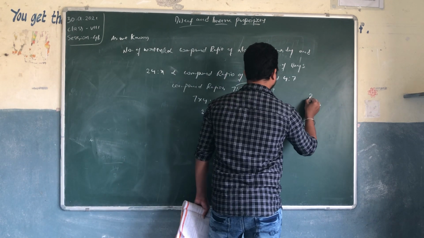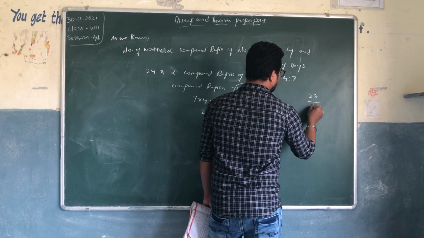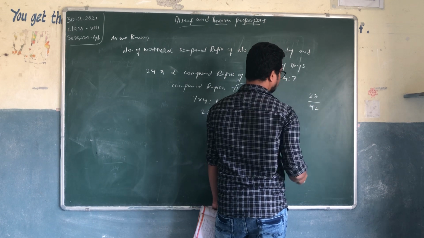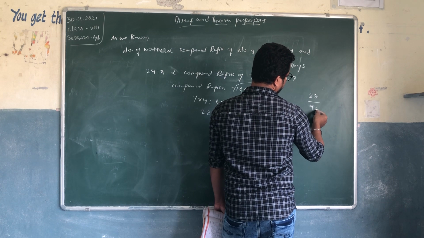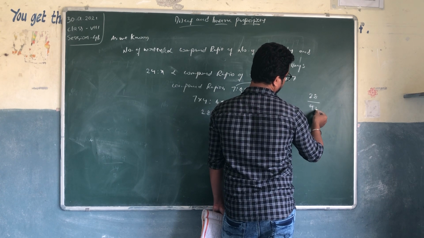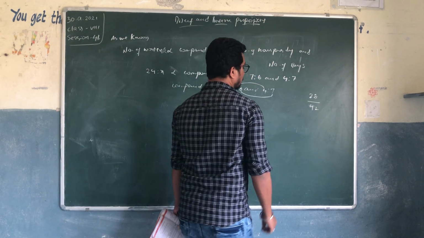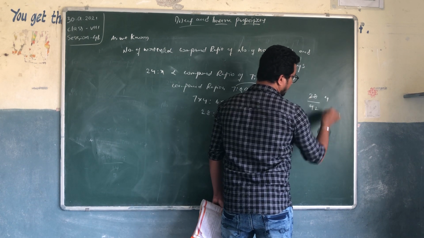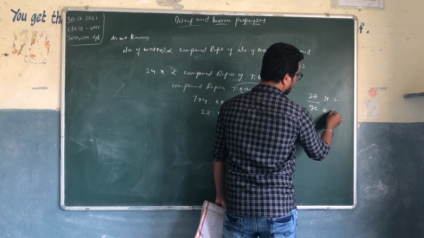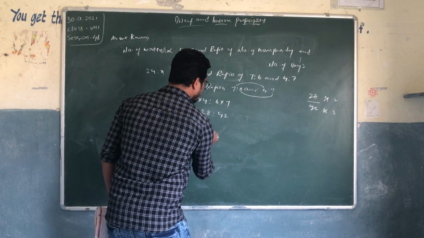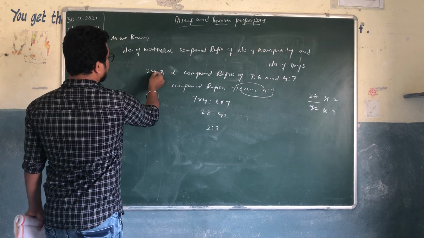You can divide this to make the ratio smaller, whichever common factor you can take, 2. 7 4s 28, 7 6s 42. 2 2s 4, 2 3s 6. So this can be written as 2 is to 3, right? And we are saying 24 is to x.